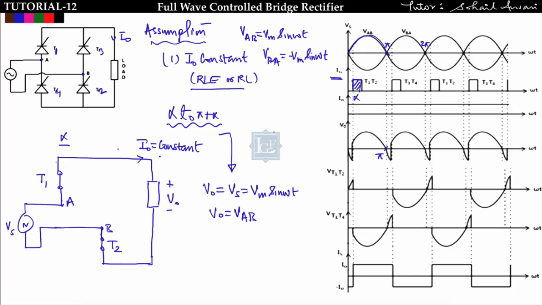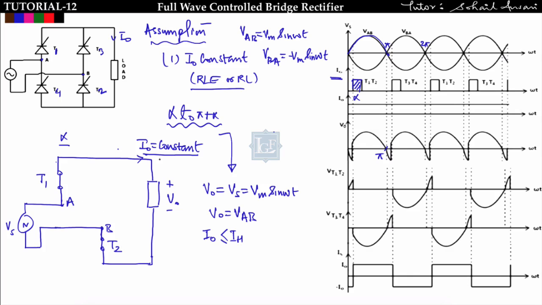See here, I am assuming that the load current is constant and you are not triggering T3 and T4 after pi. So what do you mean by this? This means that to turn off T1 and T2, I naught must be less than or equal to the holding current of the T1 and T2 thyristors. Then only they will get turned off.